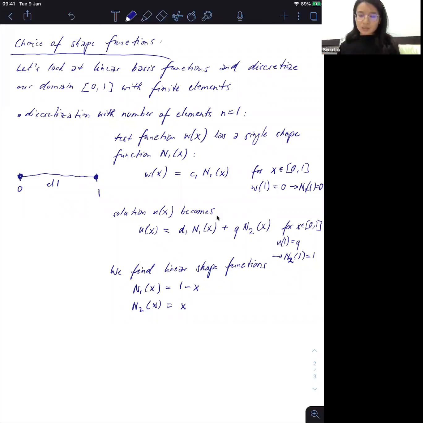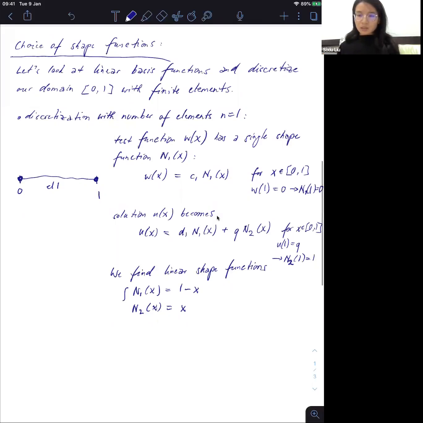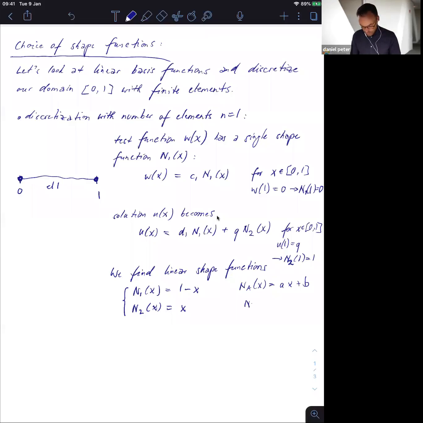Why is that? Say it again, why do we have these two equations? Well, you have to impose that they are linear. So let's say N_A of x has to be equal to a times x plus b. And now N1 at 1 has to be 0, and N2 at 1 has to be 1.